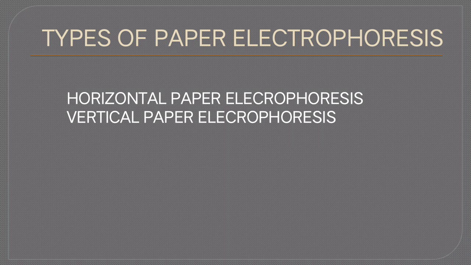Horizontal paper electrophoresis has two buffer tanks with a strip placed centrally. In vertical electrophoresis, a tank full of buffer solution is used, and the strip is mounted vertically over the buffer solution.